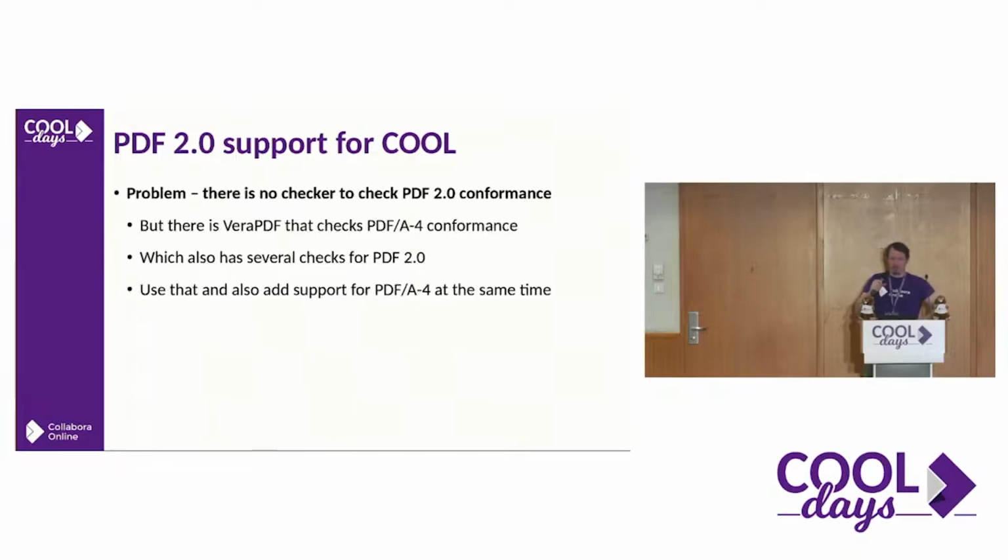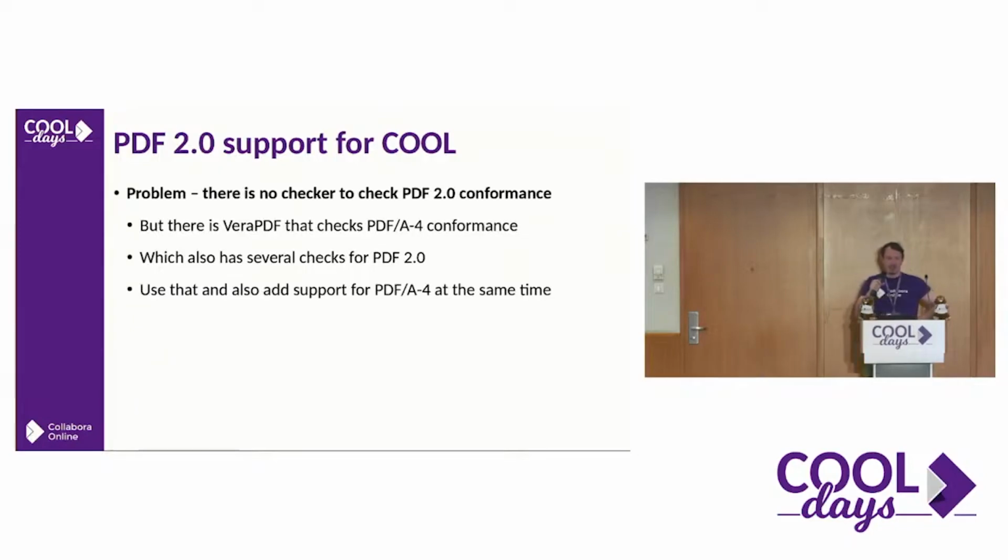So how to actually do this? I saw, okay, if I just increase the version of PDF, I expected that there should be some tool that will say which parts are not compatible in your PDF documents.